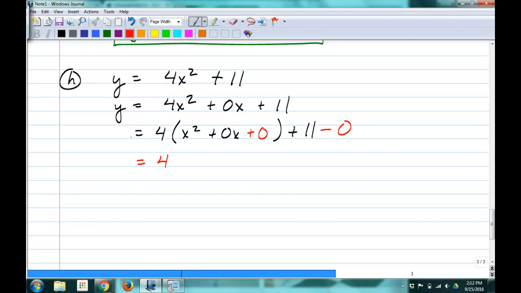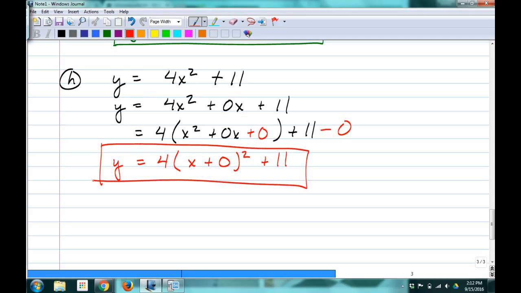Now, let's write our vertex form. What's the factor inside? That's not that different than what we started with, but this is the technical vertex form. That's the vertex form, okay?